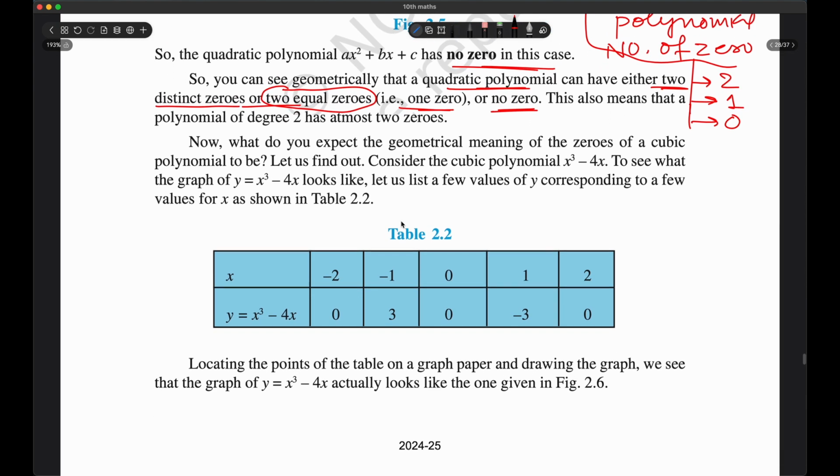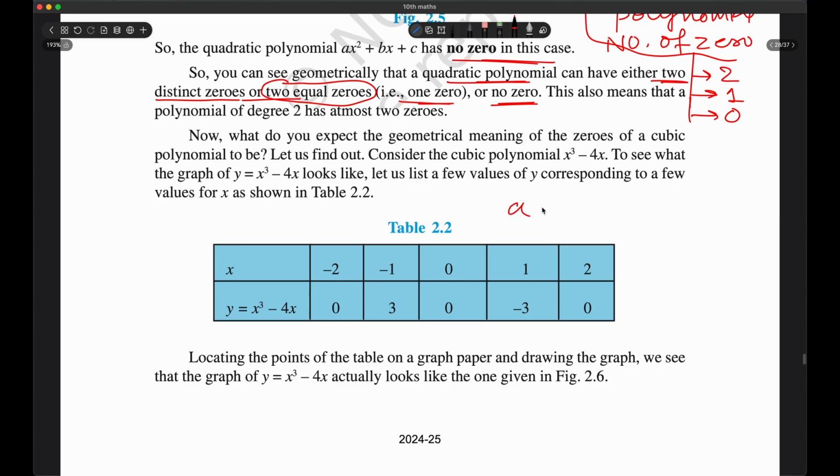Now for a cubic polynomial, that is of the form ax cube plus bx square plus cx plus d equals 0.